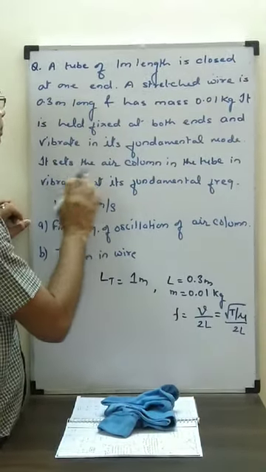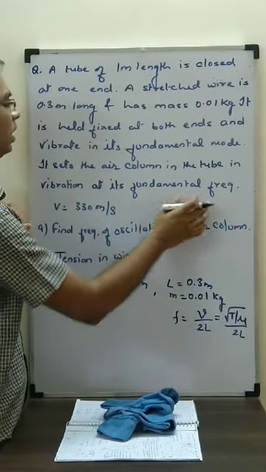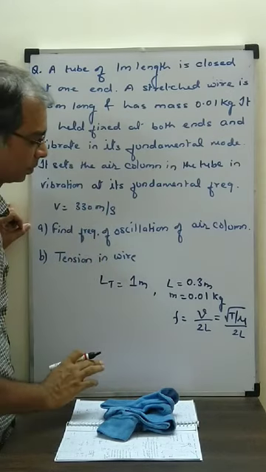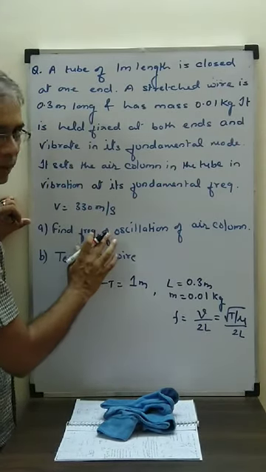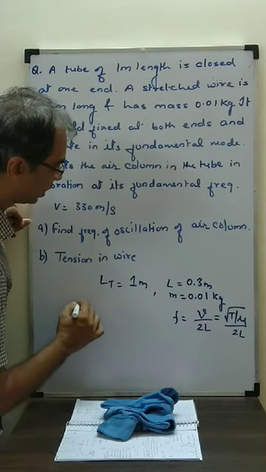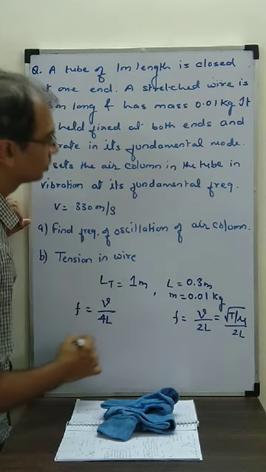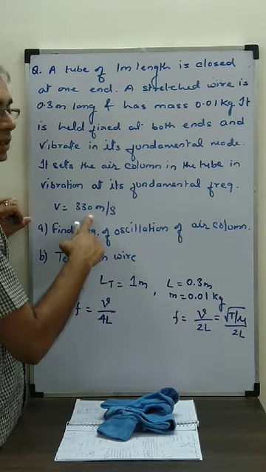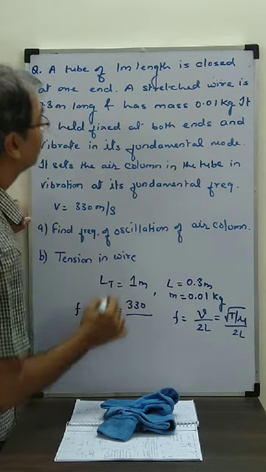What is given? It sets the air column in the tube in vibration at its fundamental frequency, and the velocity of sound is given. Let's talk about the tube first. It's closed at one end, which means its fundamental frequency is going to be V by 4L. V is given, yes, it's 330. Is length given?